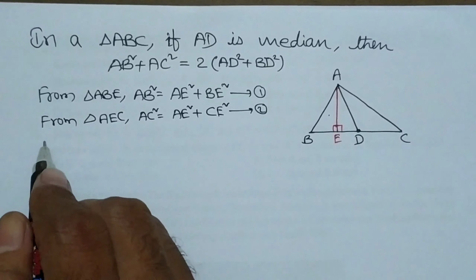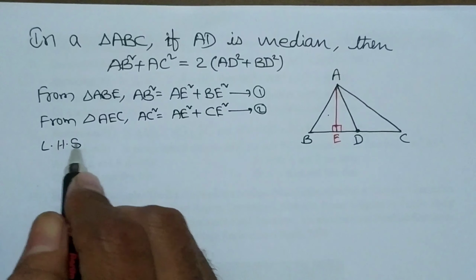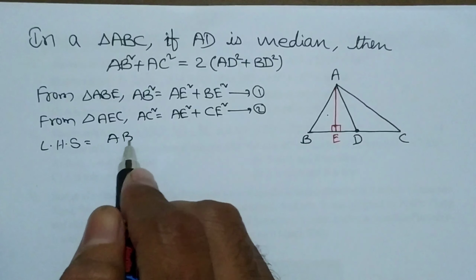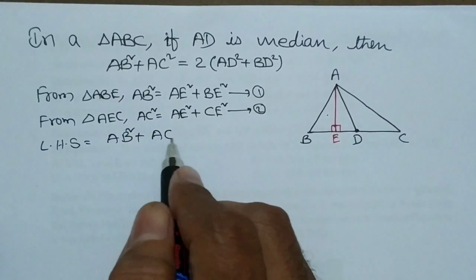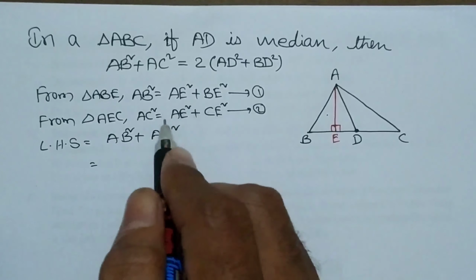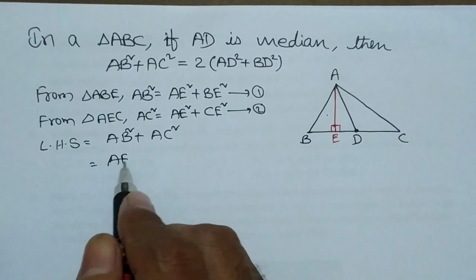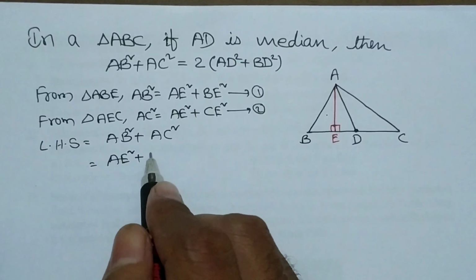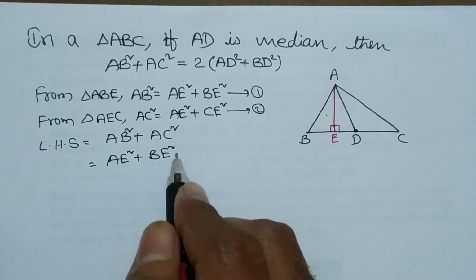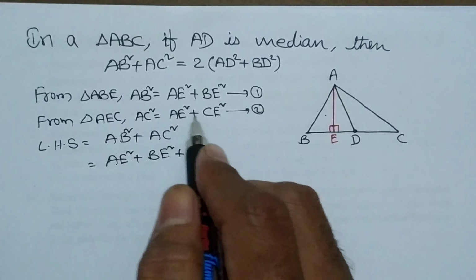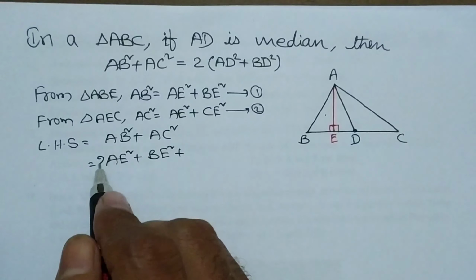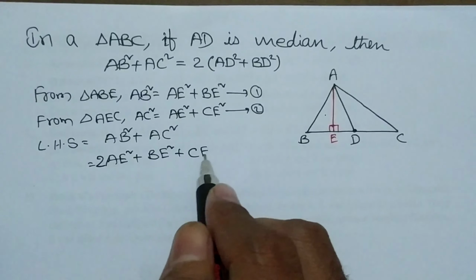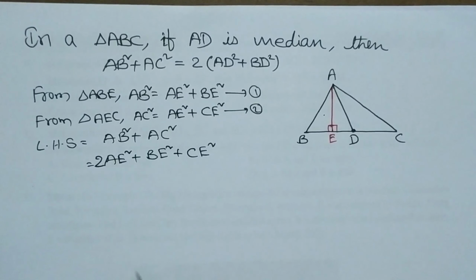Now let us consider the LHS, that is nothing but AB square plus AC square. Now let us add these values, AE square plus BE square plus AE square plus CE square. AE square becomes 2 times AE square plus CE square can be written here.